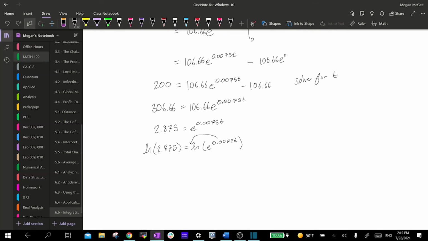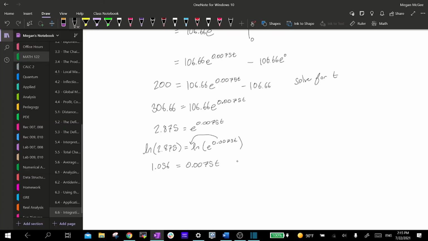So the left-hand side evaluates to 1.056, and the right-hand side we get 0.0075t. We'd be left with natural log of e, but that's just 1, right? So we don't need to write that.